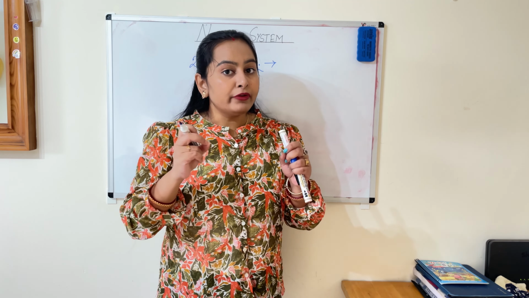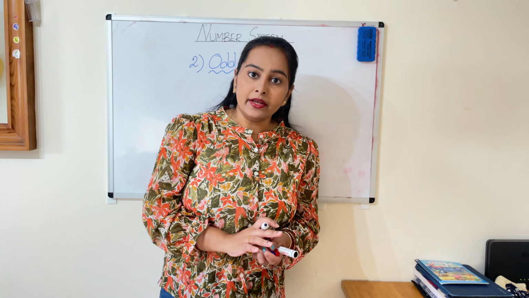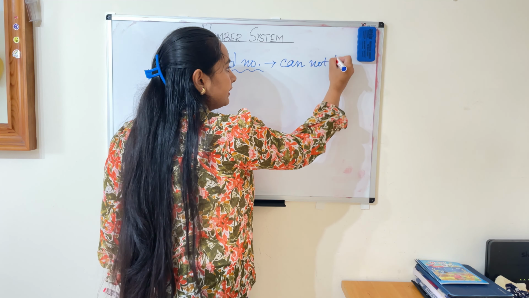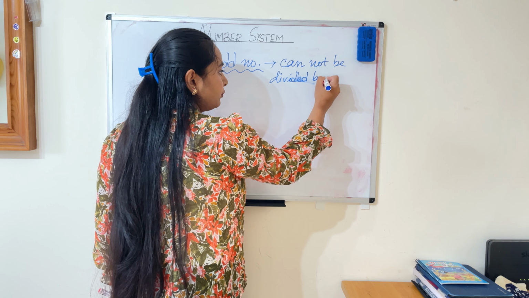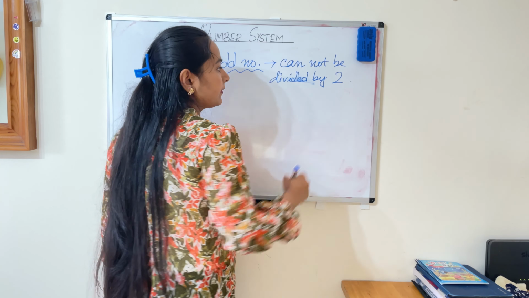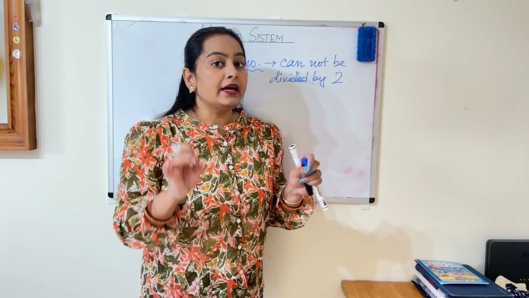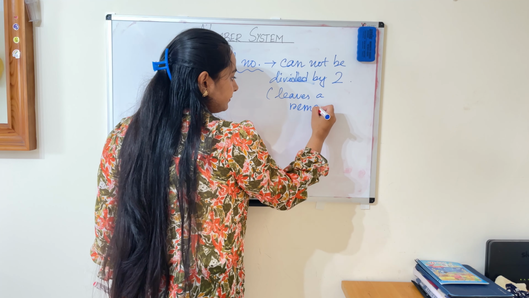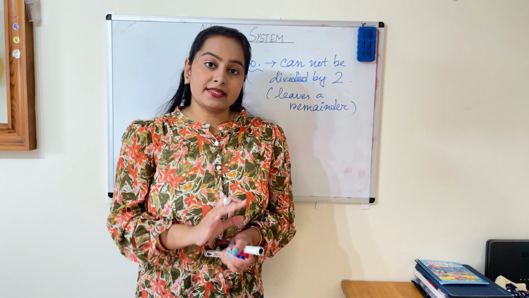If we try to divide that number by 2, it always leaves a remainder, right? So that number or those numbers are considered odd numbers.